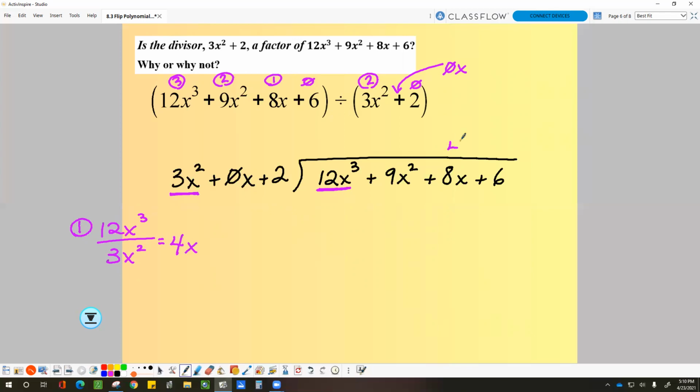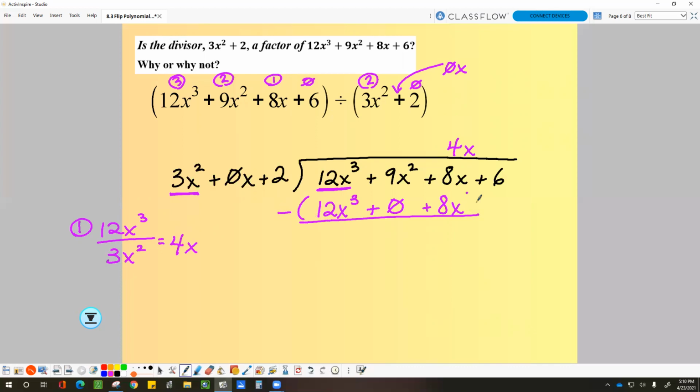So put 4x up here and multiply. 4x times 3x squared is 12x to the third power. 4x times 0x is 0. 4x times 2 is 8x.